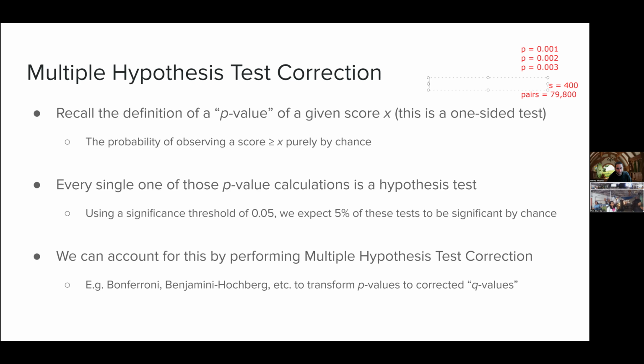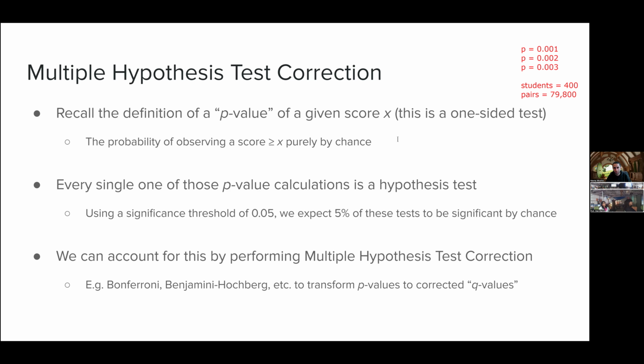Okay. So Bonferroni correction is one of the simplest, but one of the most strict versions of multiple hypothesis test correction. Basically, you can either take your p-values as is and adjust your significance threshold, or you could keep your significance threshold as is and increase your p-values to compensate.